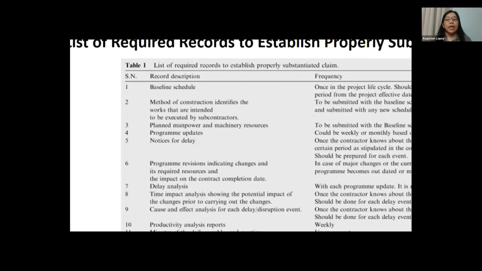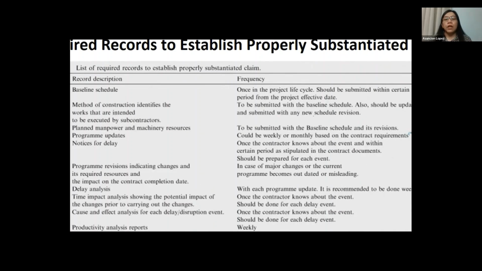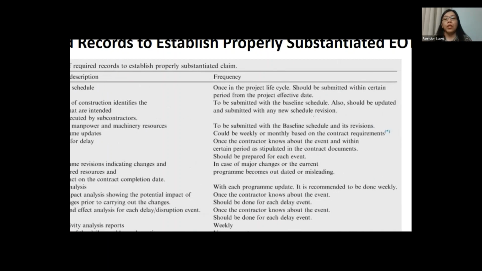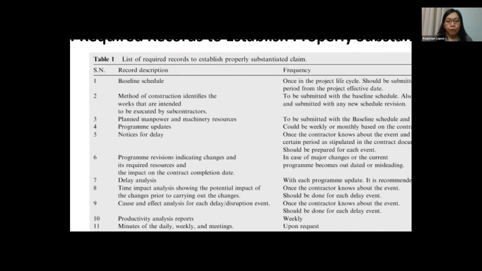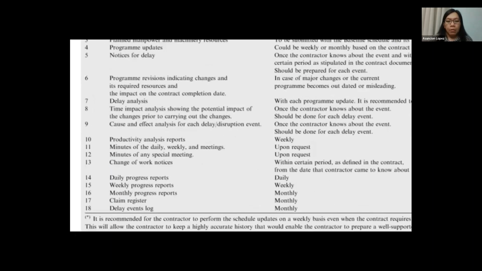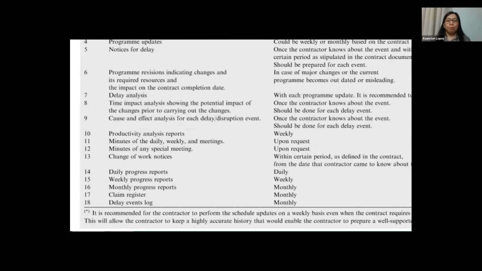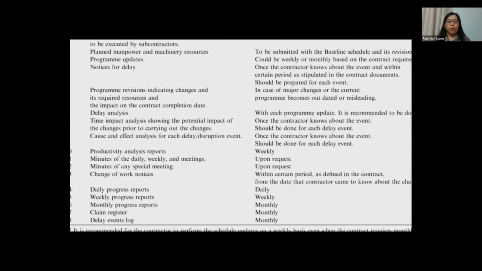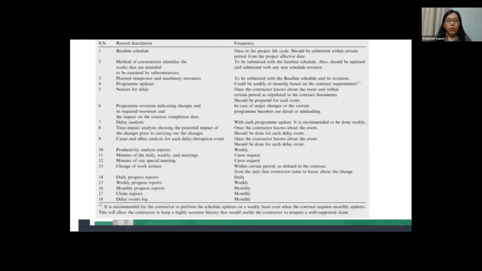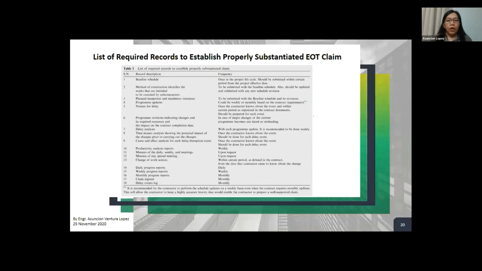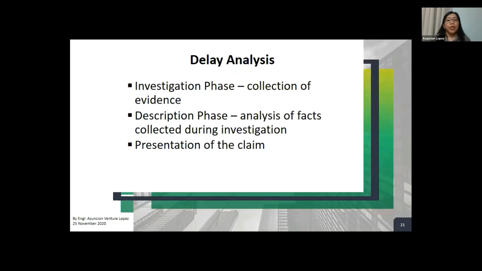For example, the baseline schedule should be submitted once in the project life cycle, within a certain period from the effective date. It is a summary guide which I believe will be useful for you in the future. I will be providing the slides later on, so don't worry.